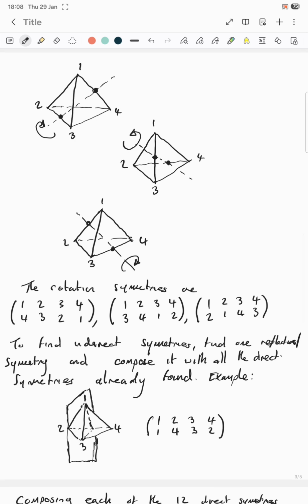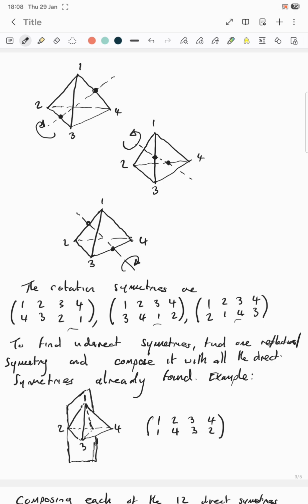The rotation symmetries are given here. As you'll see, there are no fixed points on these rotations. To find indirect symmetries, we find a reflected symmetry and compose it with all the direct symmetries already found.